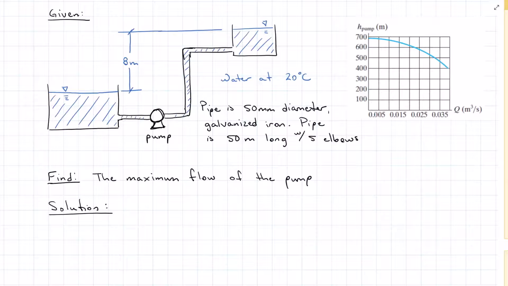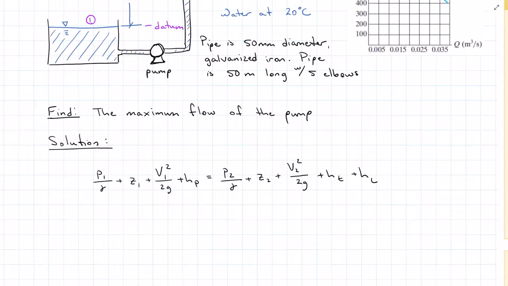Now this is going to start out the same way as that last problem with the energy equation between point 1 and point 2, and I'm going to set point 1 as my datum. Once again, we have two open reservoirs, so there is no pressure and no movement. I do not have a turbine, and Z1 is my datum, which means the pump has to only overcome that elevation Z2 and my head losses.